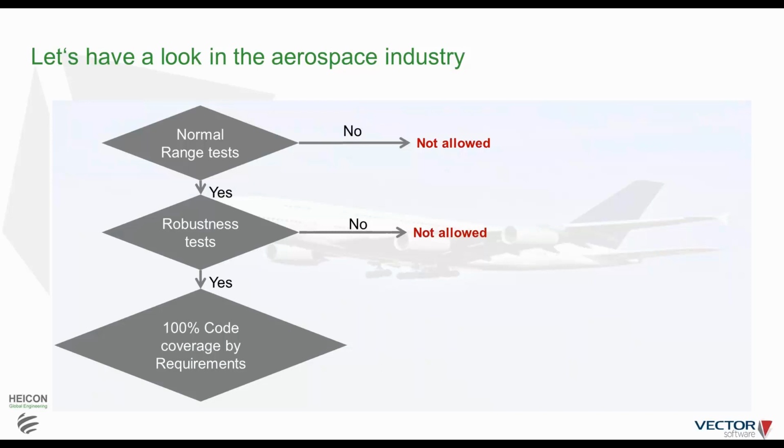What if, when testing around 50 kilometers an hour, you take 60 or 70 kilometers an hour and test that the system is properly switching off? Is this now a robustness or a requirements case? Is this a normal range test case? Is this a robustness test case? That's a bit the difficulty. However, I would say it's requirements-based testing actually, because there's a requirement and you verify that it's switching off above 50 kilometers an hour.